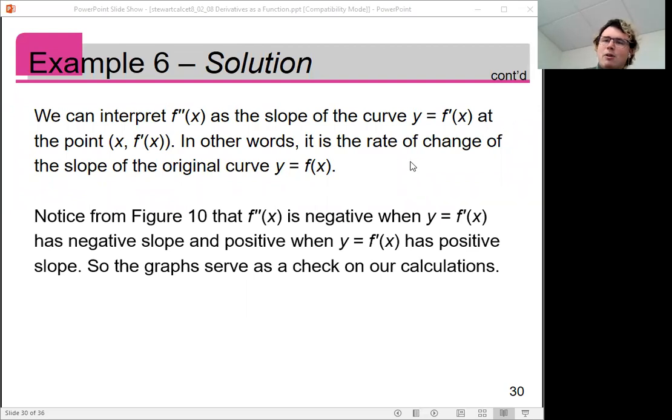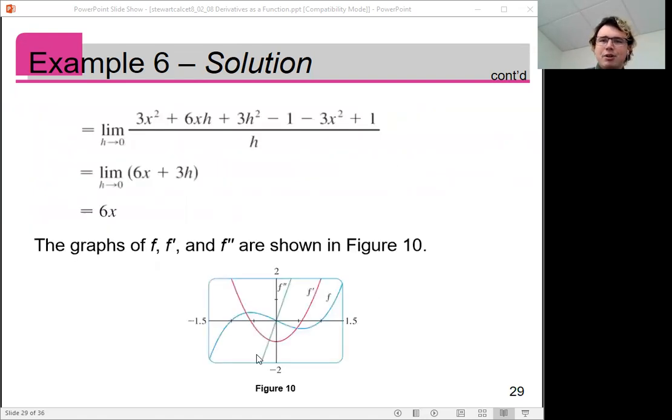So I can still say things like f double prime of x is negative when f prime of x has negative slope. f double prime of x is positive when f prime of x has positive slope. And I can check that on the picture too, right?